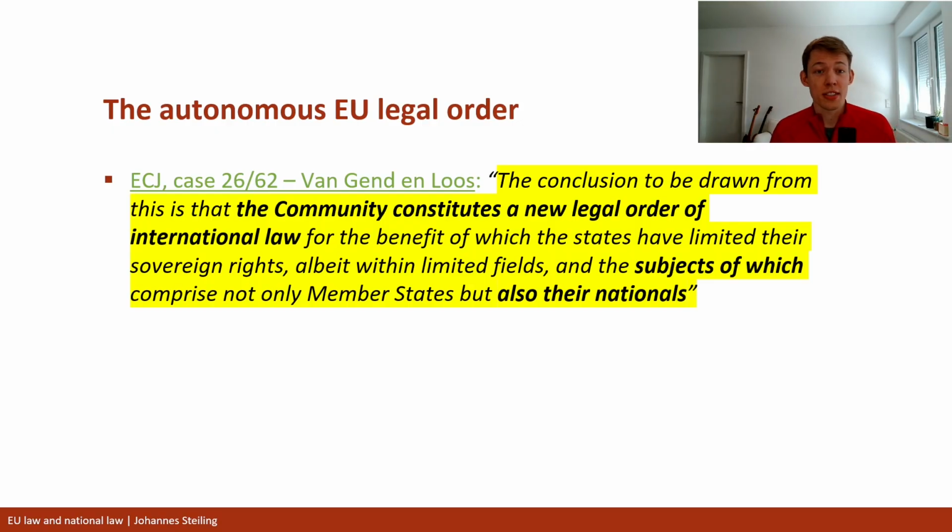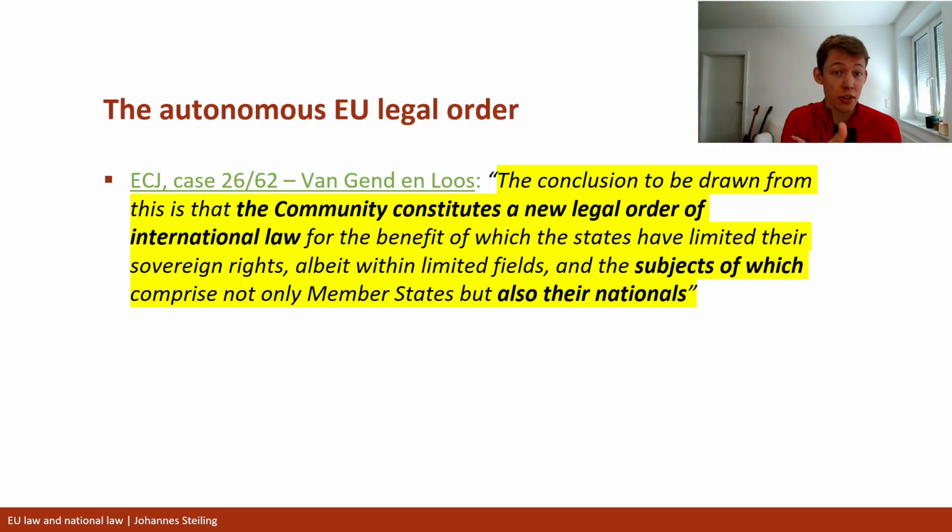So this is the first element of what we also call the supranational EU legal order. It's more than just international law. We're talking about supranational law because the EU has the possibility to adopt legal acts that directly influence the national legal order, that directly apply in the member states.